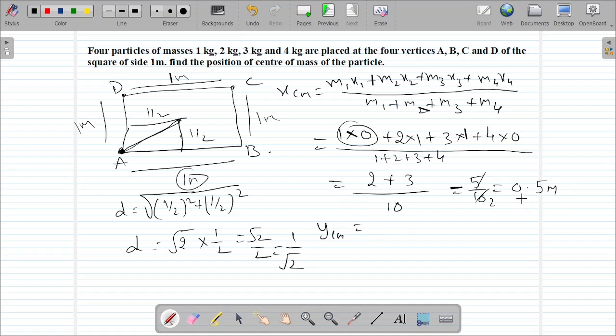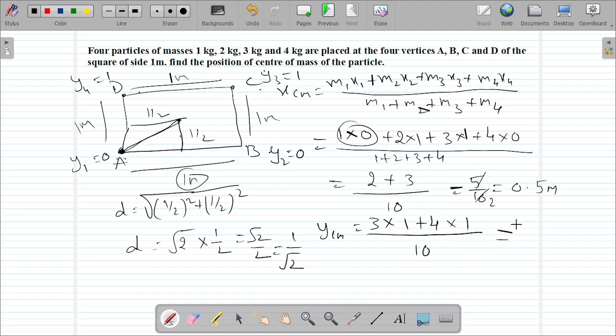Similarly for YCM. As we found XCM, we need to find the YCM also. So there are M1, M2, M3, M4 and Y1, Y2, Y3, Y4. Here Y1 is 0, Y2 also 0, Y3 is 1 meter, Y4 is 1 meter. So M1 times 0, M2 times 0, M3 is 3 kg into 1 plus M4 4 kg at a distance of 1, by 4 plus 3 plus 2 plus 1, which is 10.